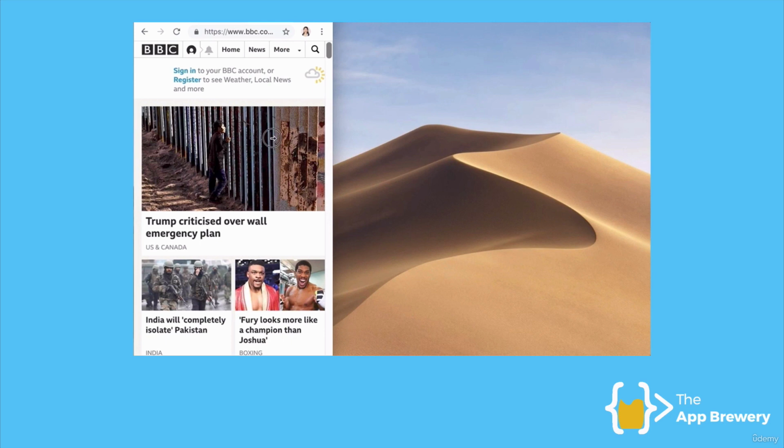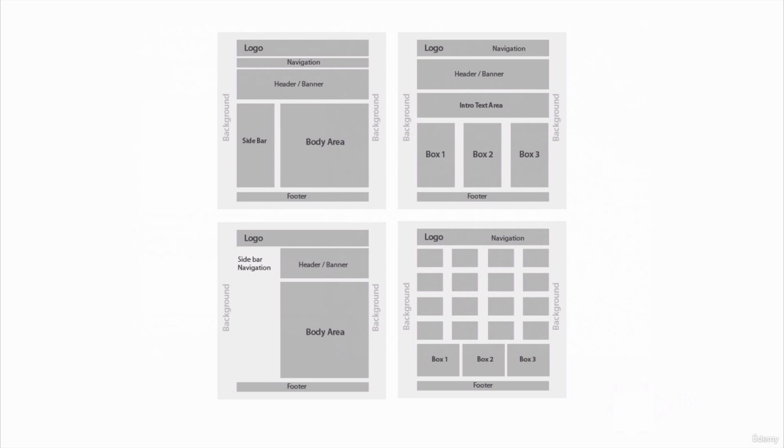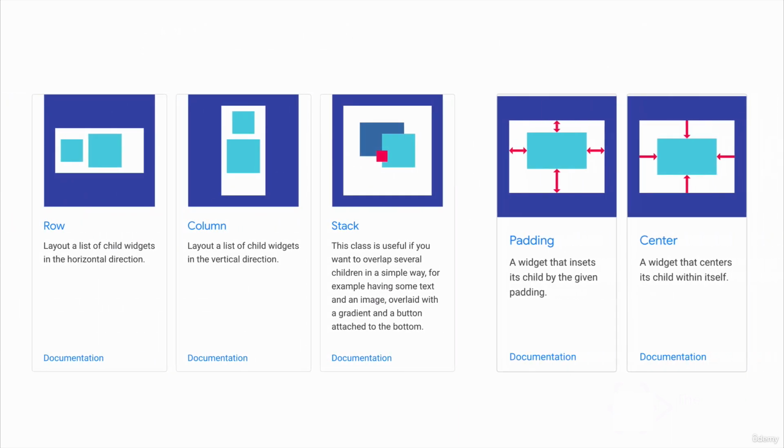So a lot of the things that have evolved in the web ecosystem have been really, really good at dealing with layout on different screen sizes. And through the use of things such as grids or columns or Bootstrap, we've developed really simple and elegant ways of laying out the user interface on a website. So why can't we do the same on mobile?